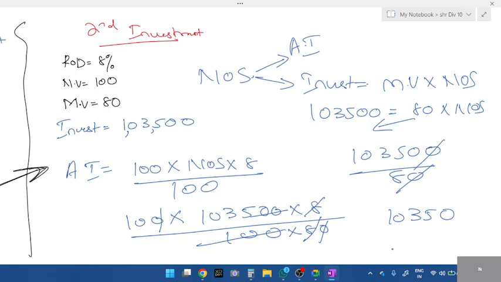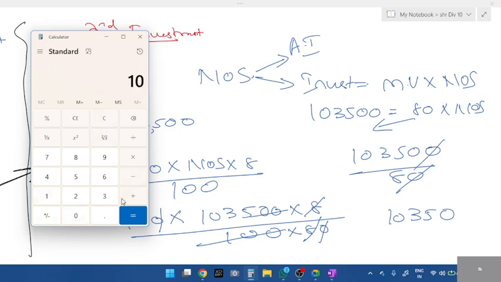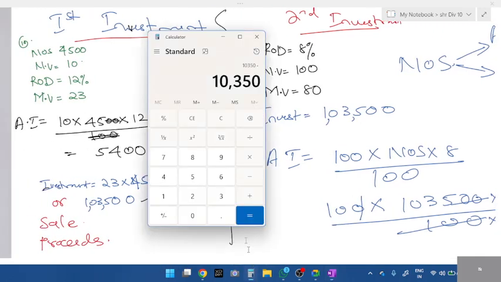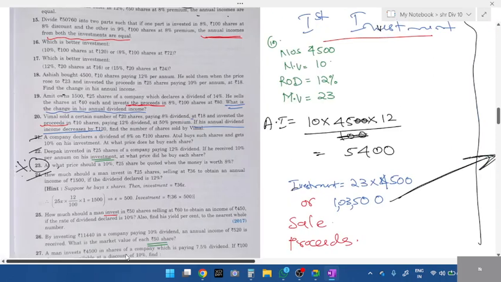Chapter 3, 18th question. 8,975 shares. 4,500 is correct. 10%. 12 per annum. He sold when the price rose to 23 and invested the proceeds.